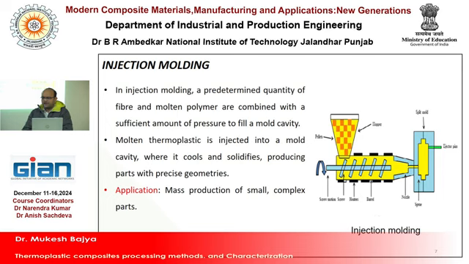After melting, we can convert it into the required shape by using an appropriate die. Whatever shape you want to produce, you can make with injection molding. Generally this is used for mass production of small and complex parts for the automobile sector, as well as toys, and some gears you can also manufacture from injection molding.